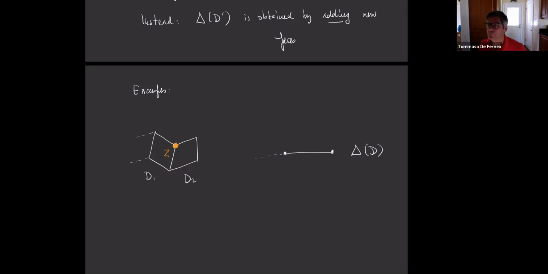I don't care. But now what do we do? In yellow, the dual complex of D prime is obtained when I blow up this point. Maybe I need to draw the picture here. So what happens when we blow up?